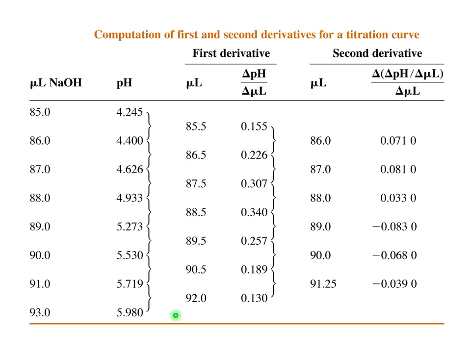The approach is convenient because you process data after you did the titration. You are not afraid to over-titrate because you have your results on your computer and you can recalculate them anytime.